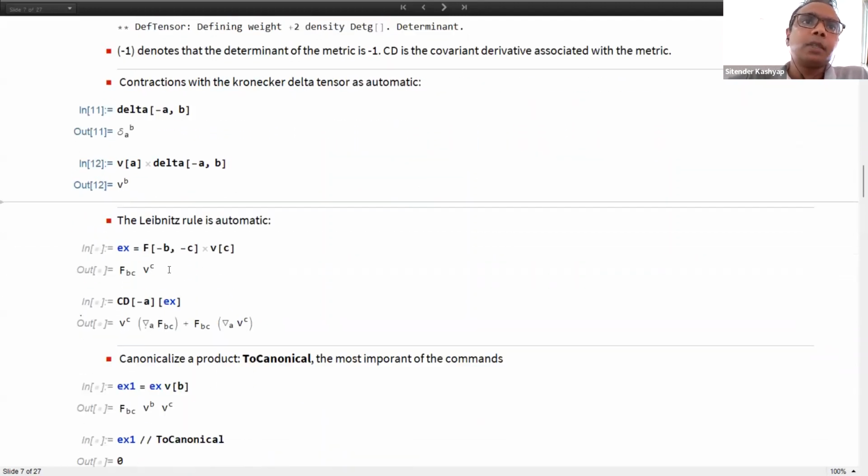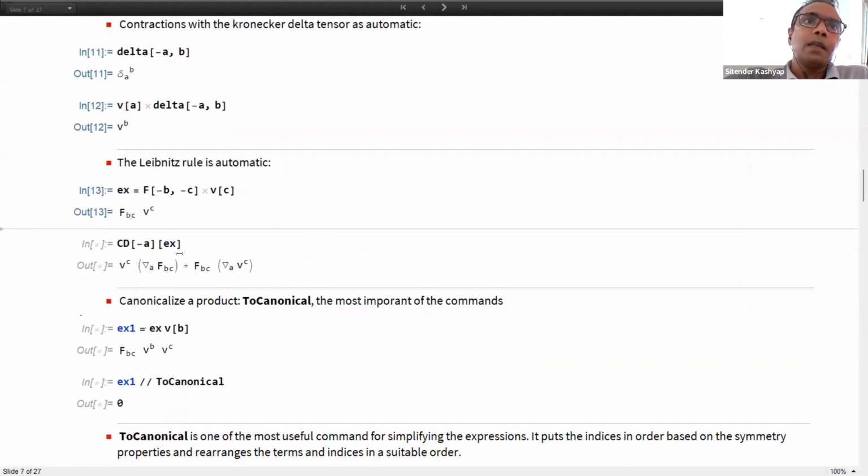The Leibniz rule is automatic. For example, suppose I define a quantity Ex, which is essentially the product of this F and V, which you can see here, F, B, C, V, B, C. Recall, the way to define a covariant derivative is you first do this CD. This was the symbol that we will use for covariant derivative.